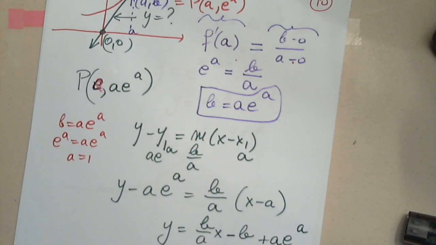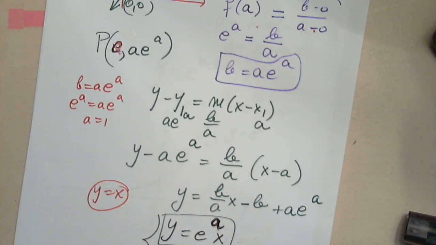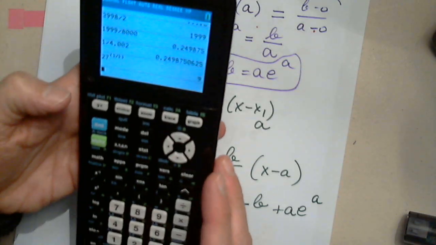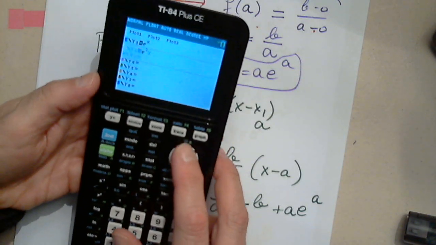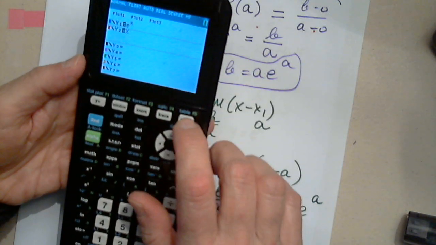So a is 1, so y equals x. That's the equation of the tangent passing through the origin. Thank God for graphing calculators. Okay.